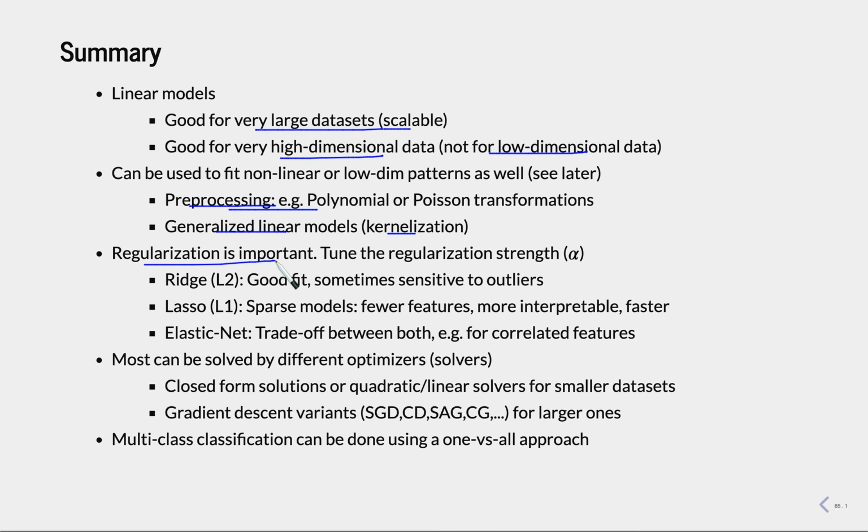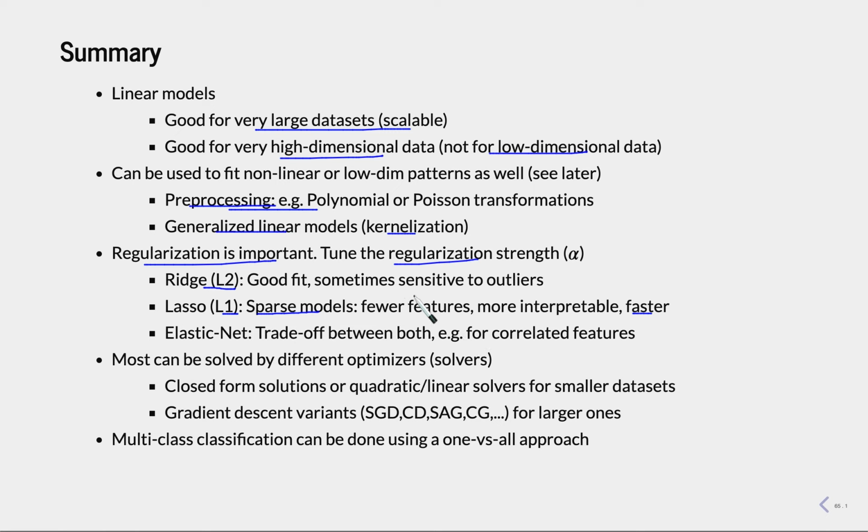Regularization is very important. We have to tune the regularization strength, alpha. We can choose between L2, which is ridge, which gives you a good fit, but sometimes it's sensitive to outliers. We have lasso, which very nicely gives you sparse models. So this is good if you want fewer features, because then the model is more interpretable, and because it's also fast to predict.